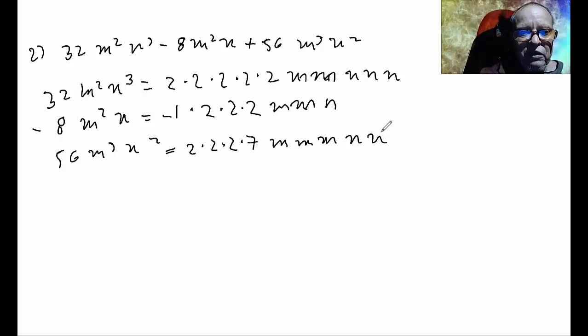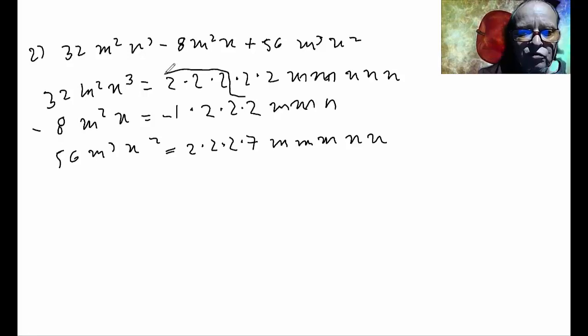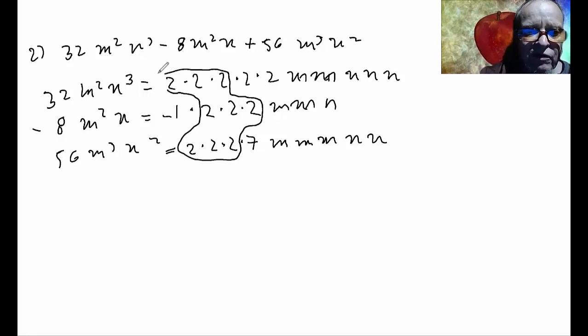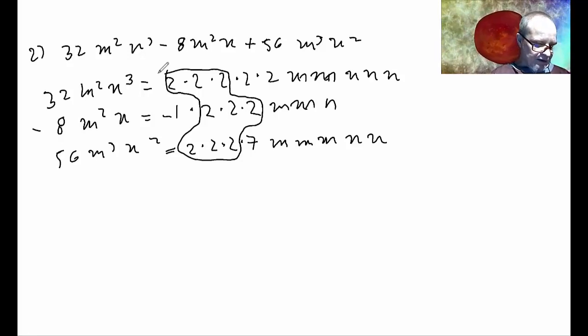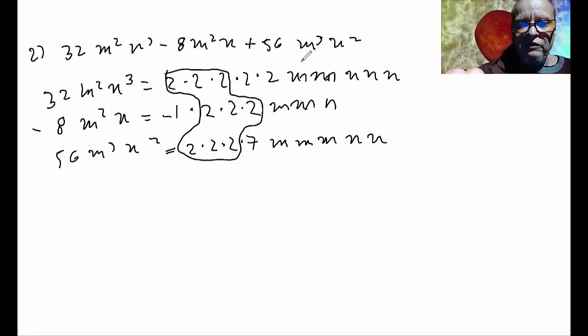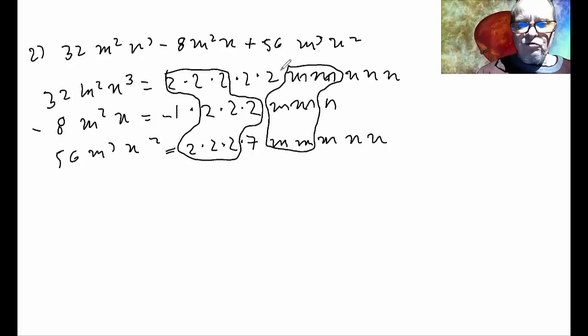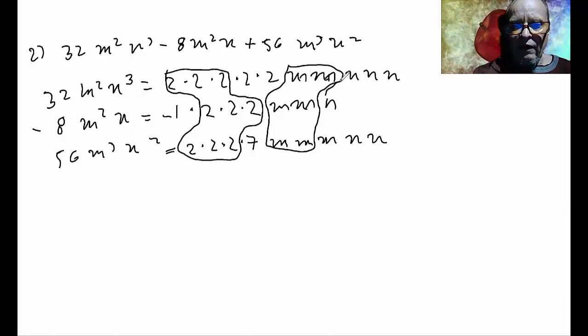So now we want to compare all those three terms and see what they have in common. Well, it looks like 1, 2, 3, 1, 2, 3. All of them have 3 2's. Then let's look at the m's. Well, they all seem to have 2 m's.